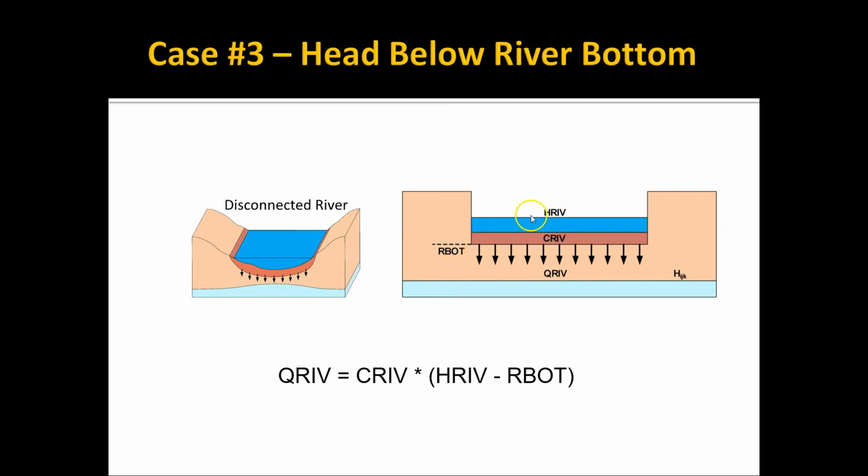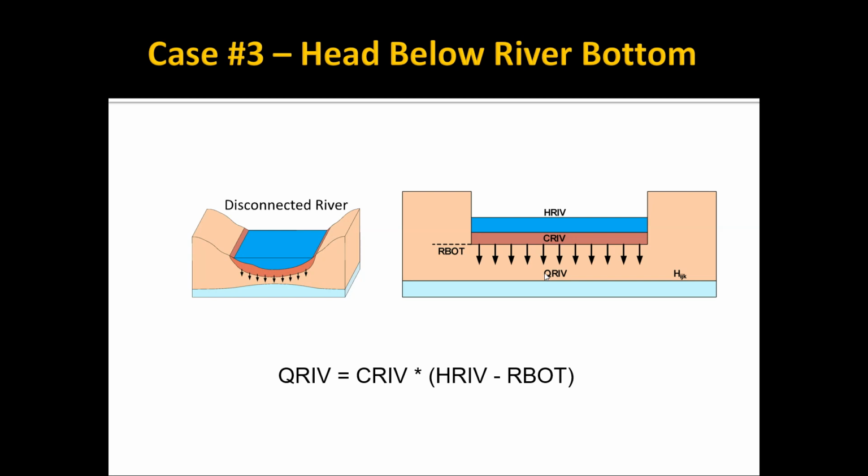So this difference right here from the top of the river down to the river bottom sediments, that is the driving head that pushes the water through these sediments. And once it gets to that point, since it's now in the aquifer that has a higher permeability, it just percolates down.